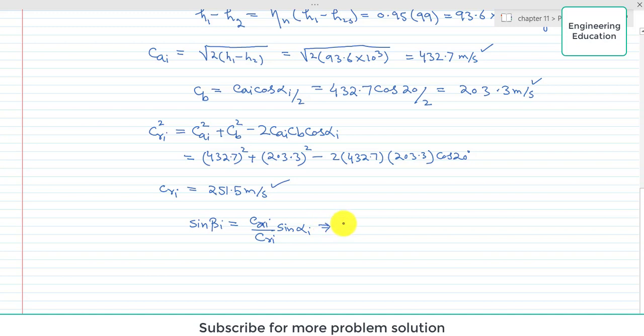From this we will find the angle beta I, which is the blade angle at inlet.